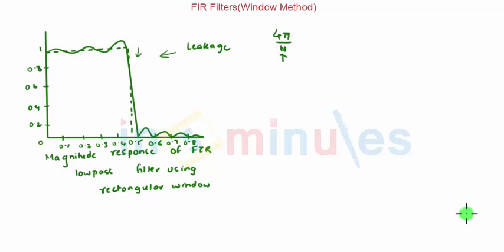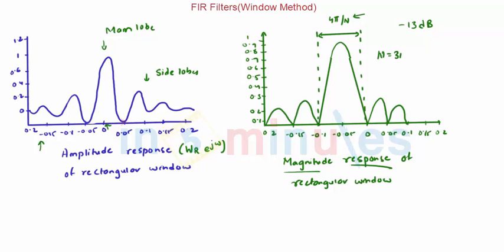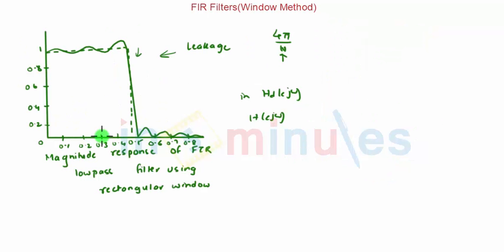Now taking another case, the side lobes of WR e raised to j omega extend over a wide frequency range, and large magnitude components in HD of e raised to j omega become smeared over a wide range of frequency in H of e raised to j omega. Again, we can see that the side lobe effects appear both as overshoots and undershoots in the desired response, and similarly in the actual magnitude response, these effects appear as a non-zero response in the stop band.